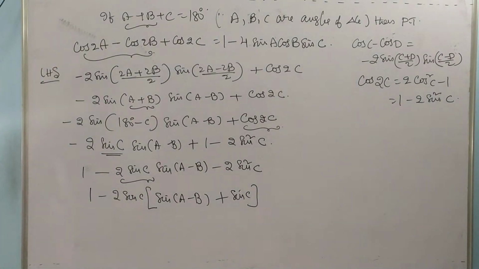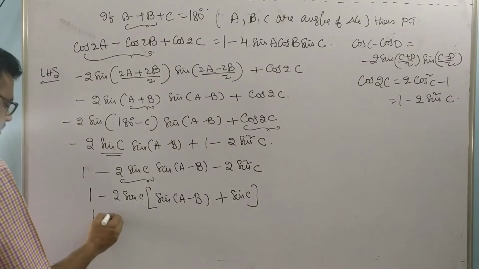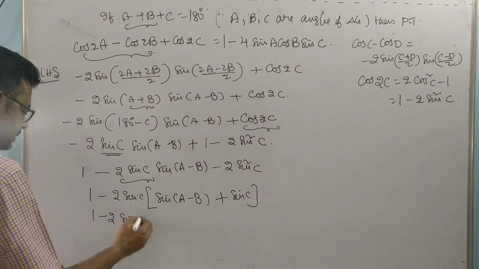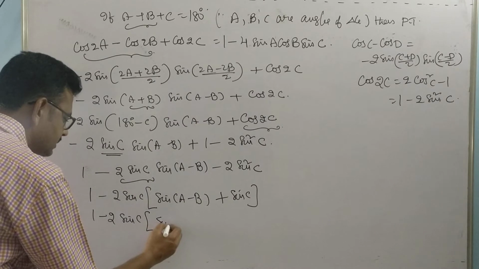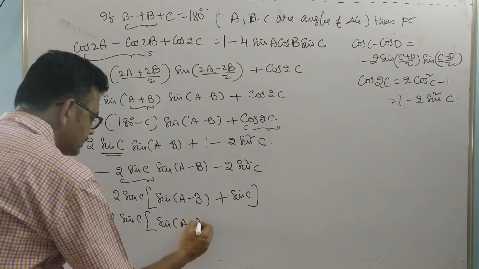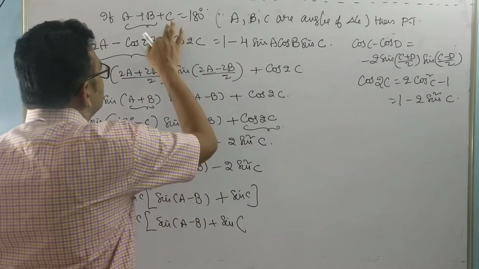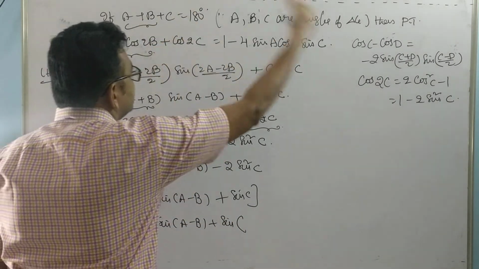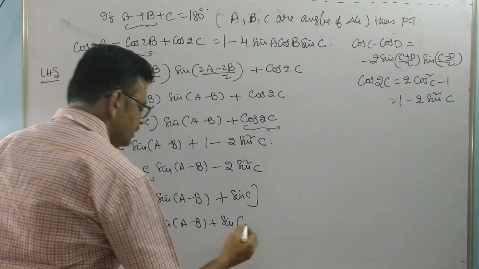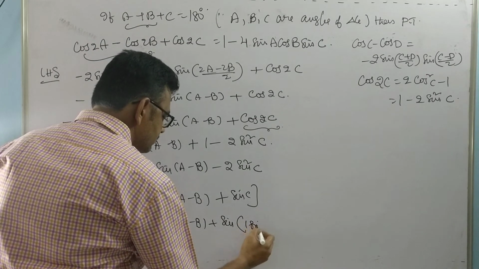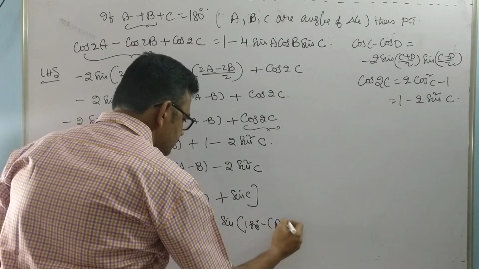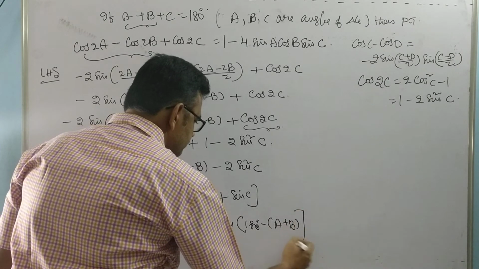That is sin c. So that is 1 minus 2 sin c into sin of a minus b plus sin c. Again, c is equal to what? c is equal to 180 degrees minus of a plus b.